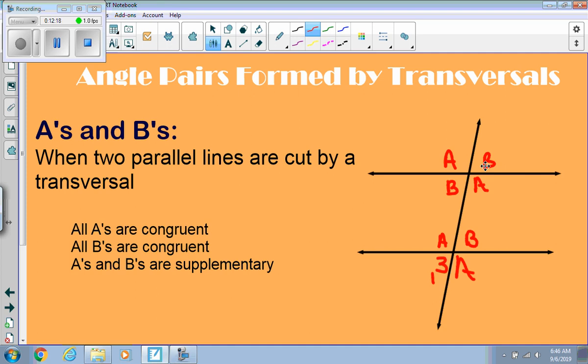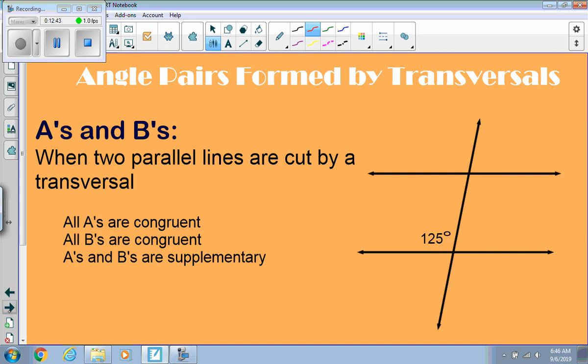So all of the A's are going to be congruent to each other. The A's up here at the top are vertical angles, and vertical angles are always congruent. All the B's are going to be congruent to one another. And then if we take A and B, they're going to be supplementary, which just means that angle A plus angle B is going to equal 180 degrees.